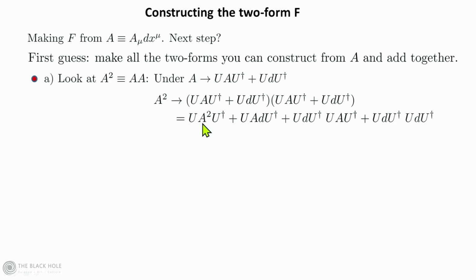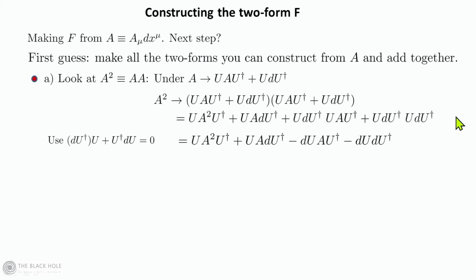That gives you U A squared U dagger. Then take this into that, and that gives you U A dU dagger. So this dU dagger is here, and then take this thing, and finally take U dU dagger, U dU dagger. So it's pretty straightforward there.